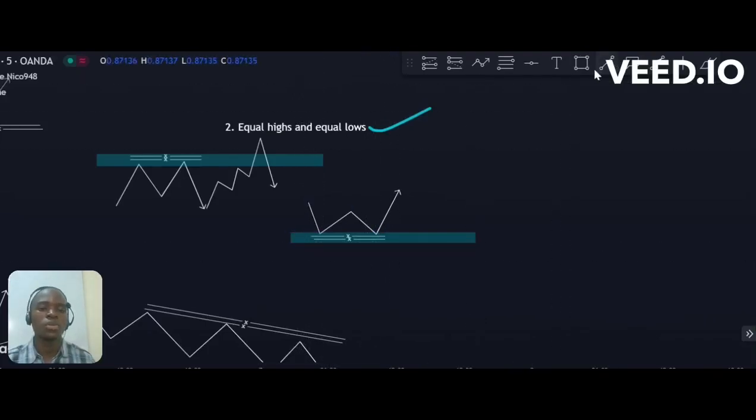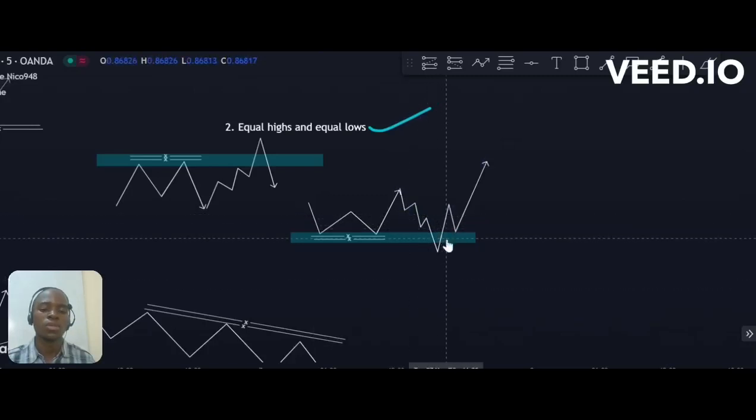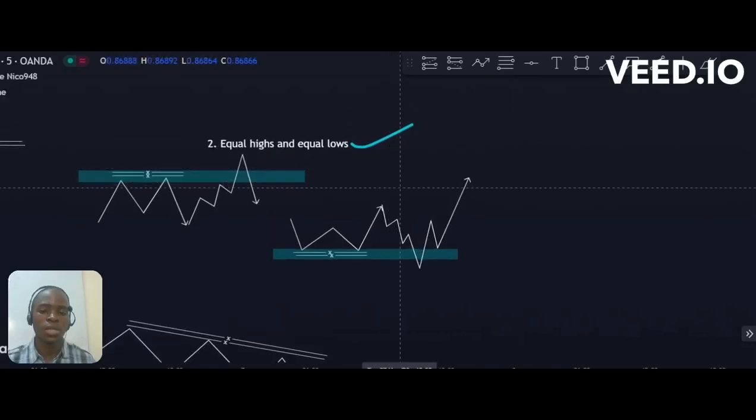The banks will move the market toward this zone and pretend as if they are selling. Then boom, they take all of them out before going in the direction they wanted to go. They pretend as if they were buying, but before that they stop them out, then make a good change of character, and then they go bullish.